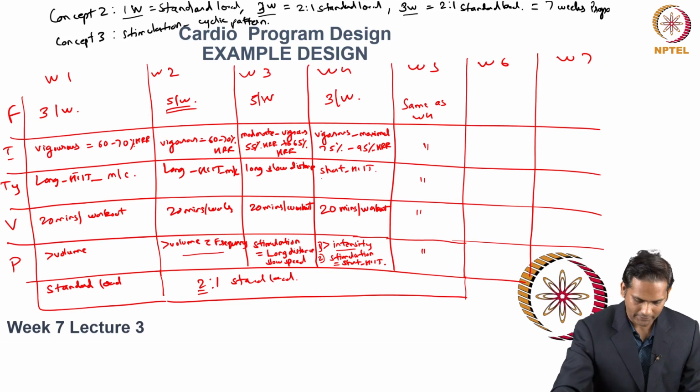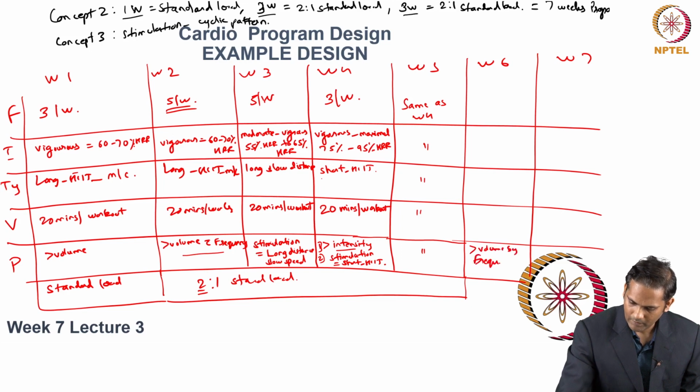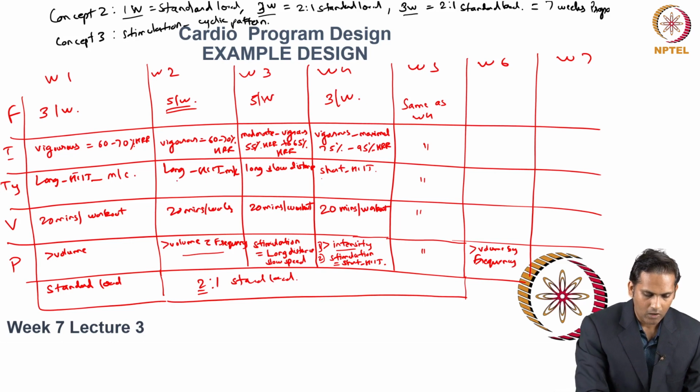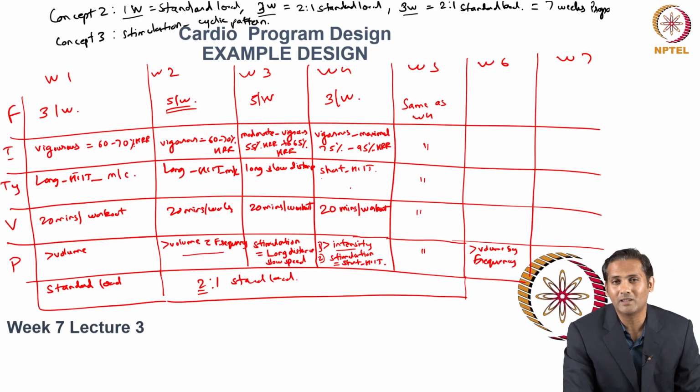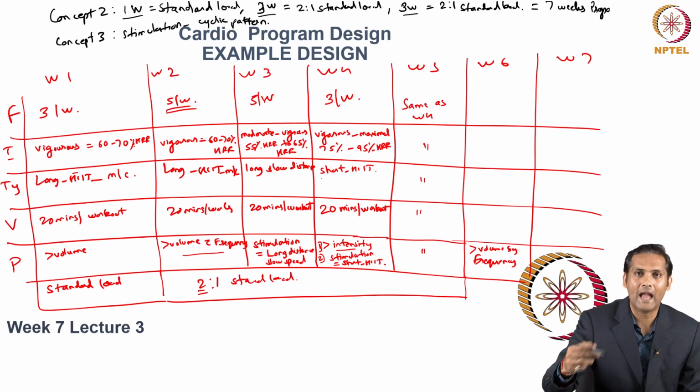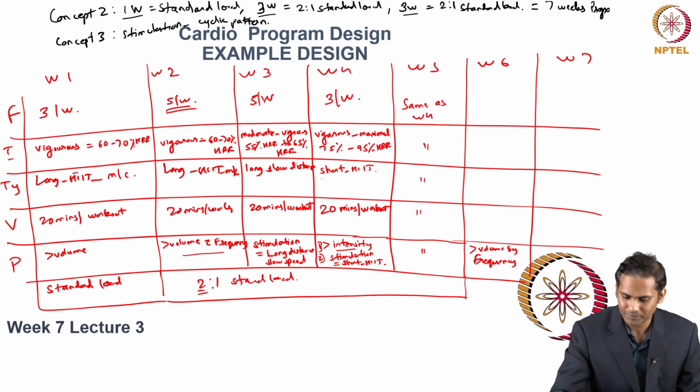So in week 6, I choose to increase the volume by frequency, but this time I am going to do it not for long HIIT, but for short HIIT. It means I am training to do cardio activity at vigorous to maximal intensity and at a higher frequency.